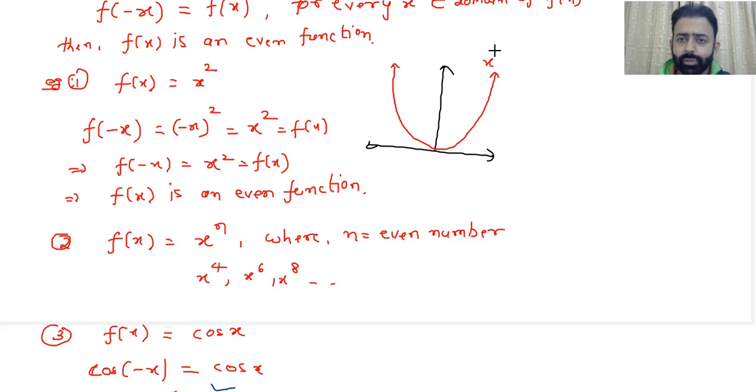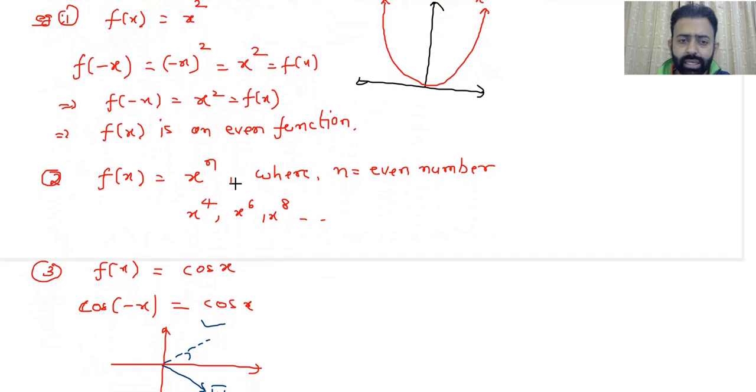This is x square. Similarly, all these even power functions will again be u-shaped curves. Why? Because for negative x the graph will remain the same, whatever the shape of the graph in positive x. This is the property that we will define later in a few minutes.